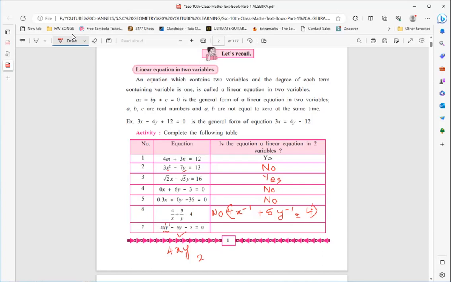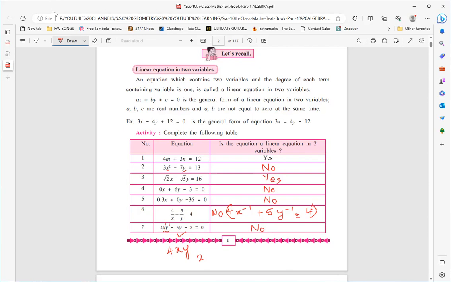And 5y is 1. Because of that degree becoming 2, more than two variables seem to be there. If it is 4x minus 5y minus 8, it is okay. But when you say 4xy, another term comes into the picture, so the total becomes 3 terms. So the answer is a no here.